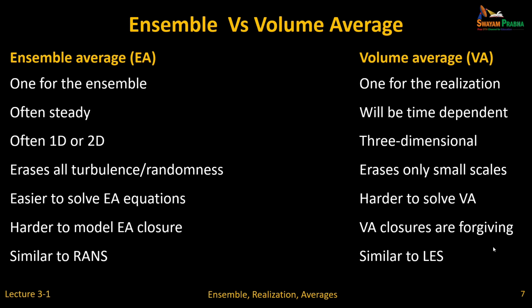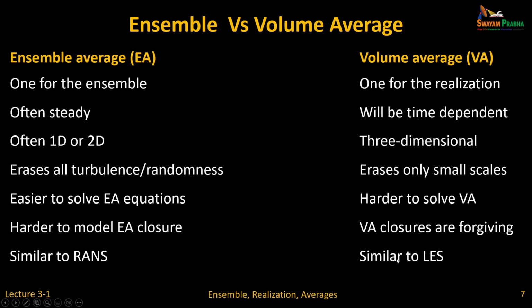All the details of where the exact particles are is forgotten, but you still will know where there are more of them, where there are less of them, etc. So those are the two different approaches. The ensemble average will give you equations that are similar to RANS models. You will have an ensemble average equation for the fluid and an ensemble average equation for the particles.